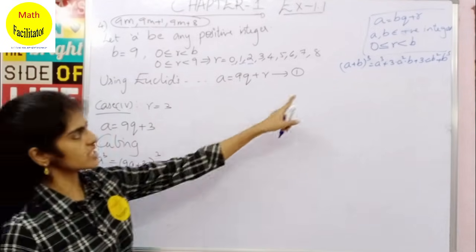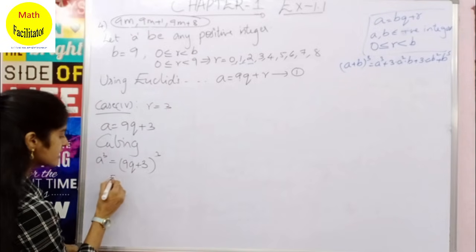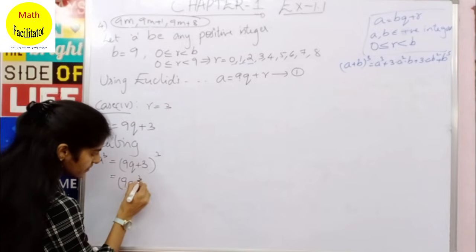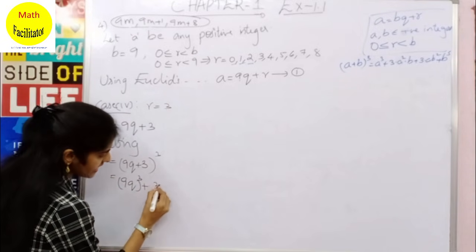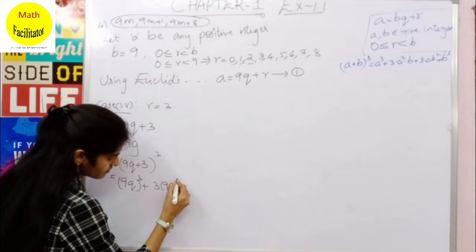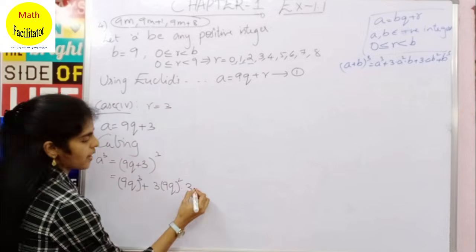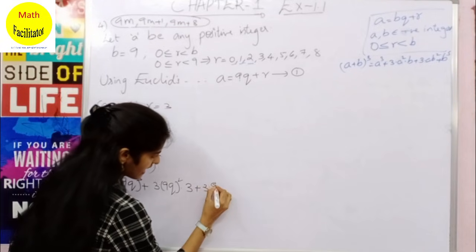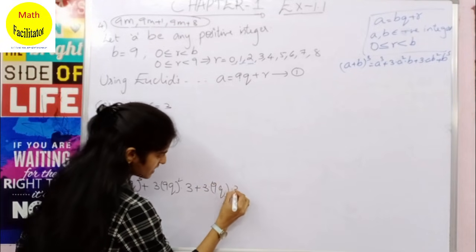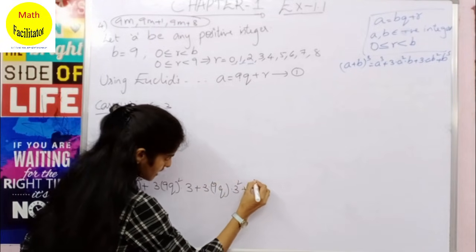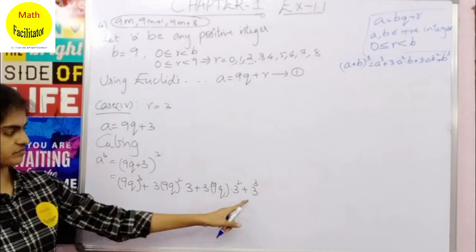Again it is of this formula. Let us convert it. So it is a cube plus 3 a square b plus 3 a b square plus b cube. A is 9q here, b is 3 here.